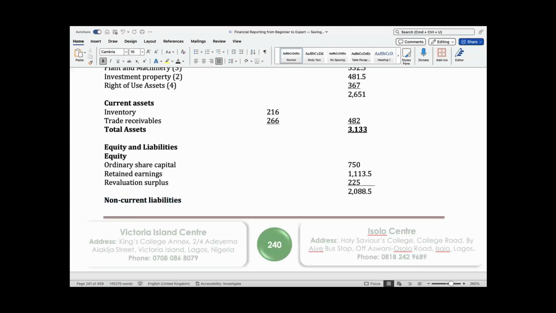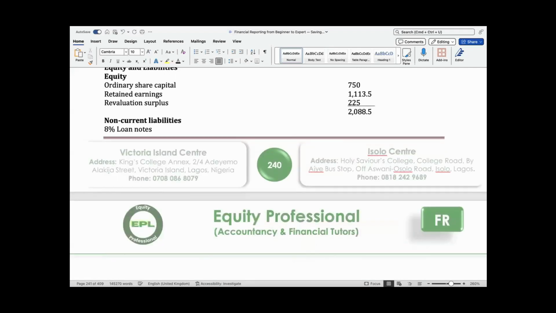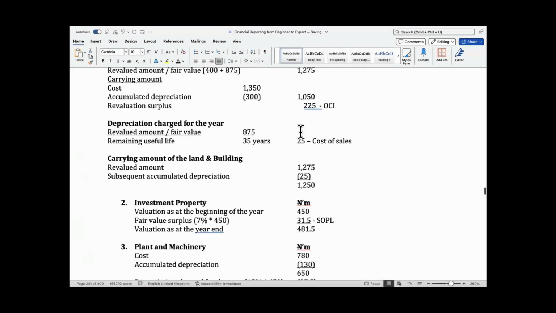Yeah. The next one is my non-current liabilities. And from here, I have the 8% loan notes. So I told you the value will not change. Remains at 250. Then the deferred tax, which will get the ending balance at 70.5. I believe this was note 6. This one was in the question directly. It's 250. I hope you remember this 250.